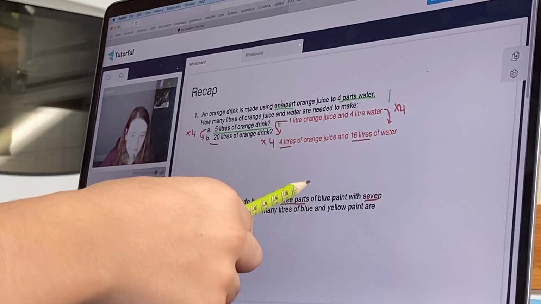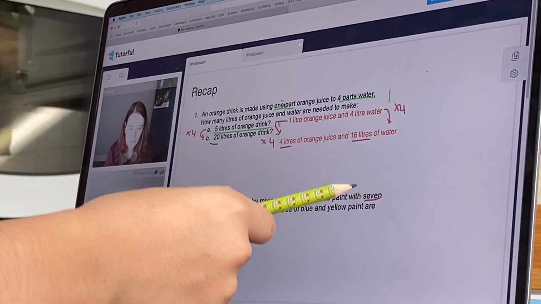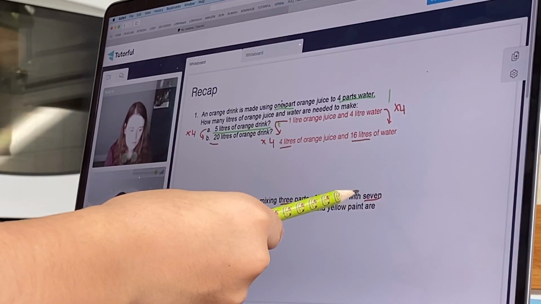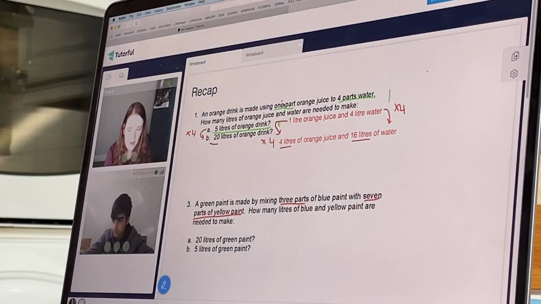Brilliant. And then multiply 7 by 2, which is 14 parts yellow. And if you add them together, it makes 20. It gives us the 20 that we need.